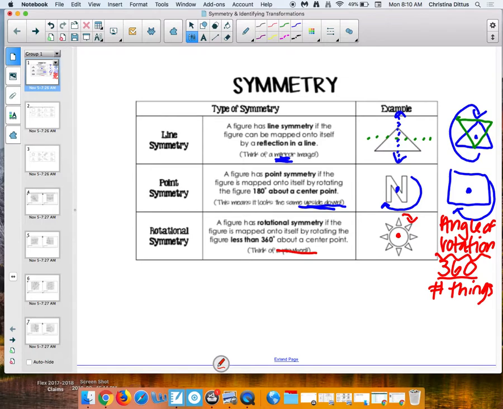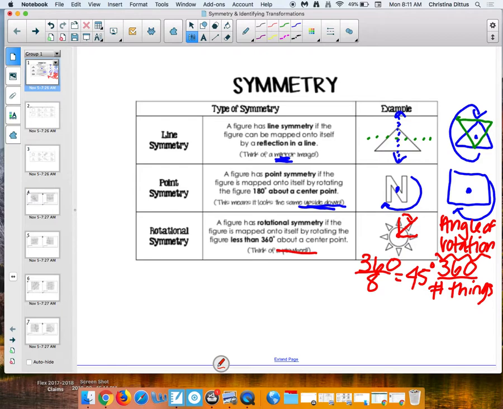What I mean by the number of things is, look at this picture. How many things are the same? How many little triangles do I have? 8. So to find your angle of rotation, you take 360 divided by 8, and that's 45 degrees. So I can rotate this 45 degrees, which makes sense because this is 90, so half that is 45.